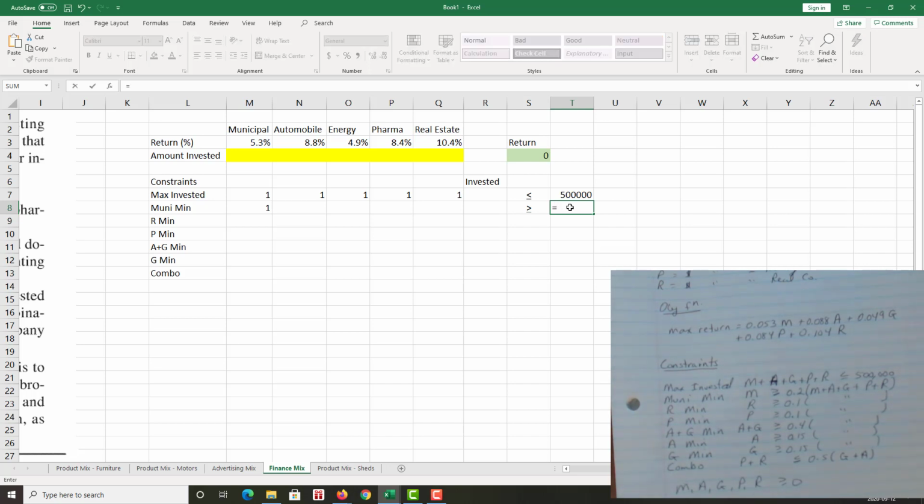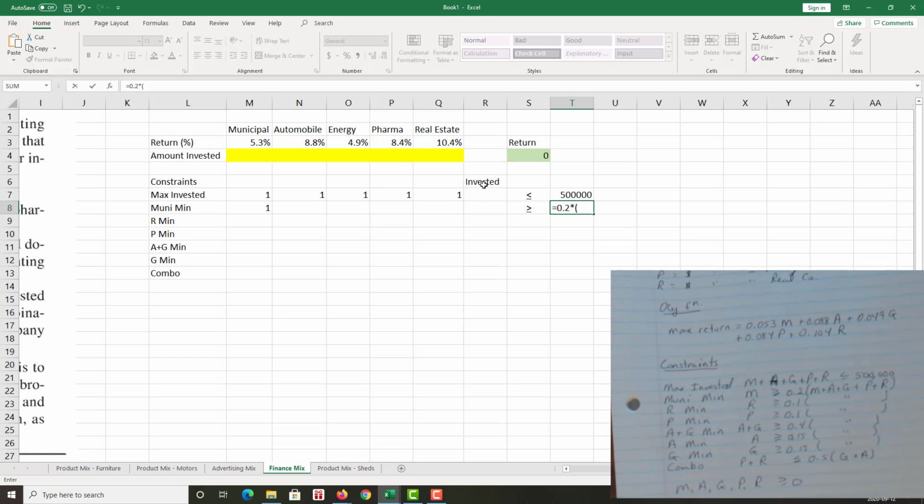So equals 0.2 times, close the bracket. Or do I need to close the bracket? There is the question. Do I open the bracket and then add up all the amount invested? Or is there an easier way? Ooh, easier way. Well, I look and I say, when I go to calculate this, how much I actually invested is on the line just above it, right?